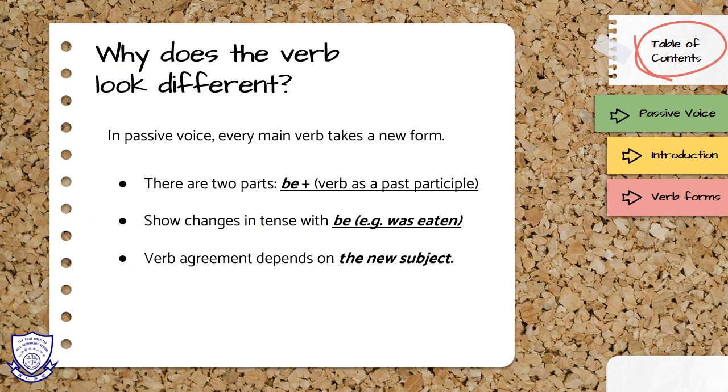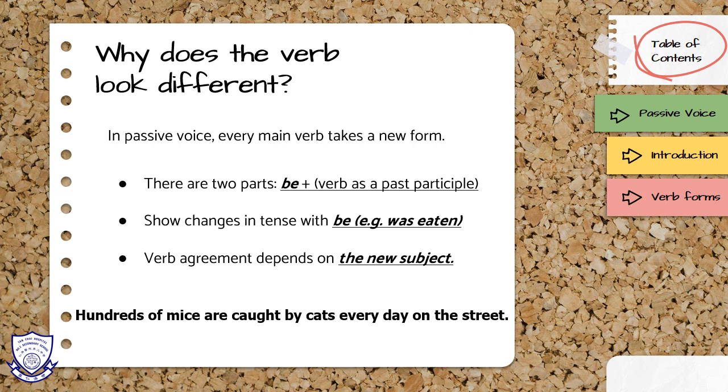In passive voice, every main verb takes a new form. Actually, that means there are two parts. The first part is be. The second part is the main verb as a past participle.